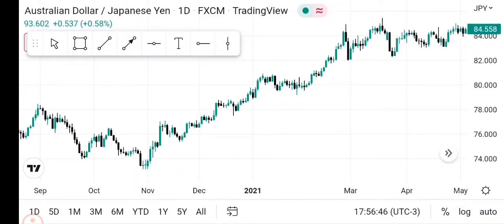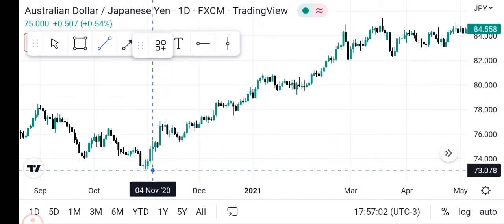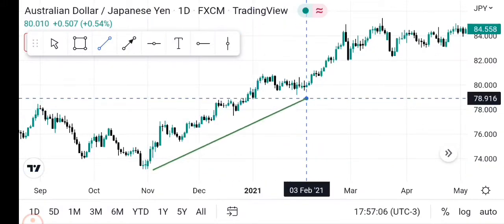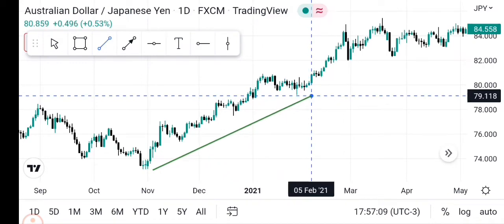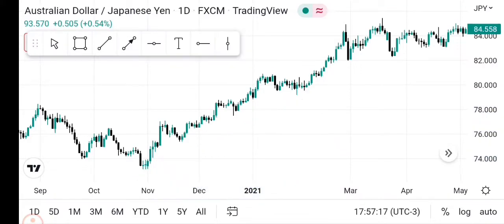Now, this is an uptrend, okay, and this is a very progressive uptrend. You can see that this is a very nice, very beautiful uptrend right here. So in an uptrend, what we are looking for is higher highs and higher lows.